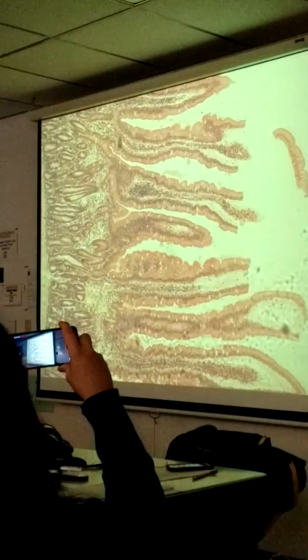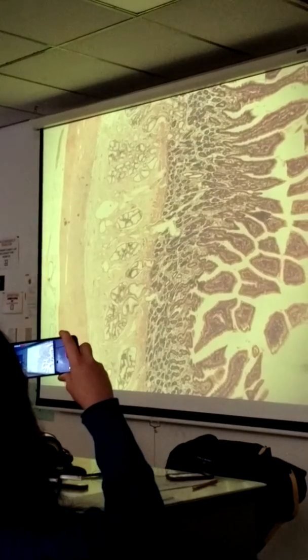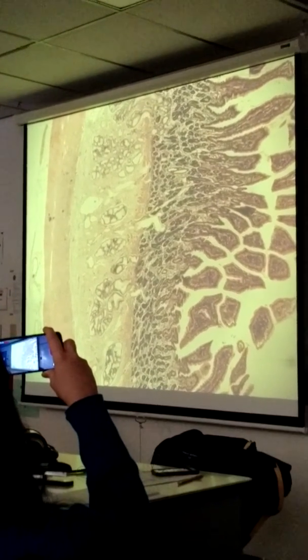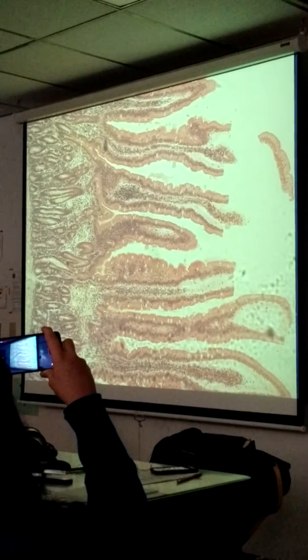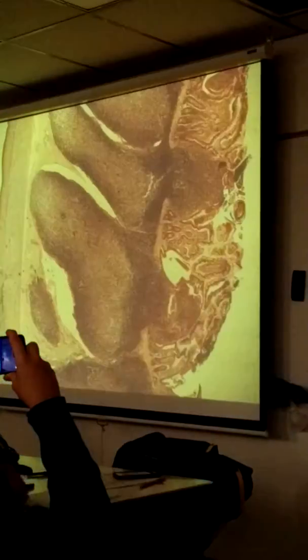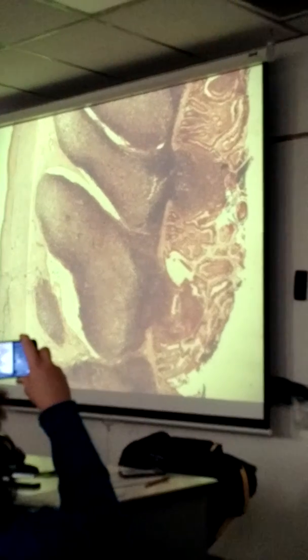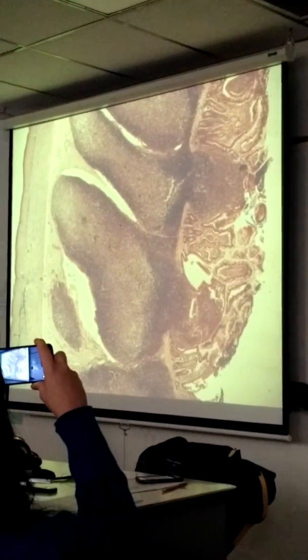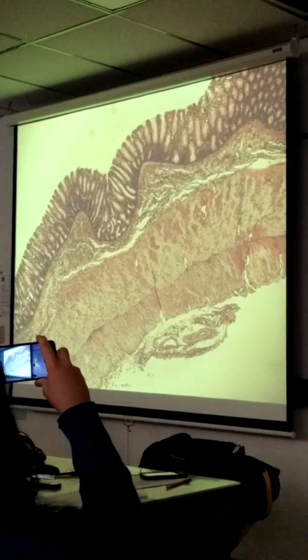So once again, small intestine, it starts with, in this slide set, duodenum with the Brunner's glands, jejunum with the intestinal crypts with Paneth cells, ileum with the MALT. Ileum, MALT, then we got colon. This is colon.